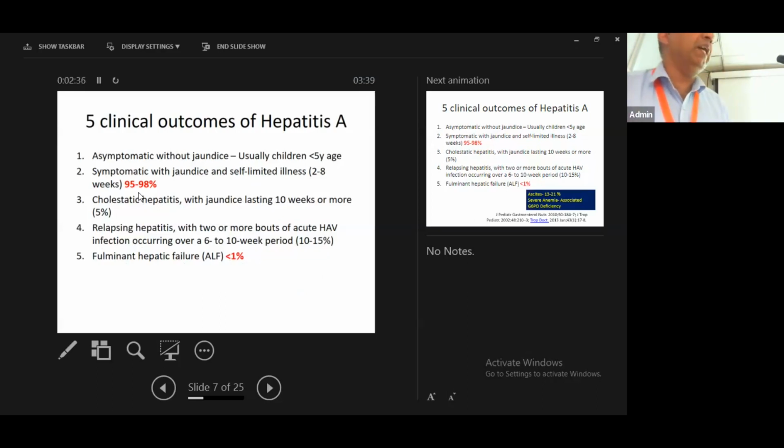If you see the clinical outcomes of hepatitis A, it is asymptomatic without jaundice, usually in children less than 5 years. Symptomatic with jaundice and self-limited is the most common, around 95 to 98%. Cholestatic is around 5%, then relapsing, and finally fulminant hepatic failure in less than 1%.